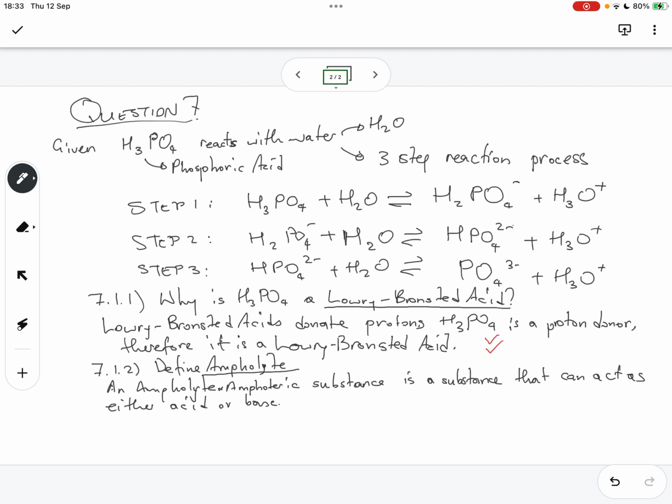We talked a little bit about that last time already, acids and bases. Ne? So, but here's a tip. If you see ampholyte in a question, it's the same as amphoteric substance. Ne?